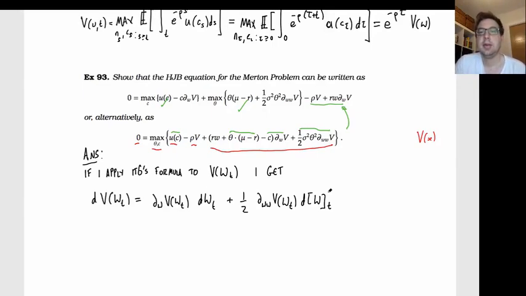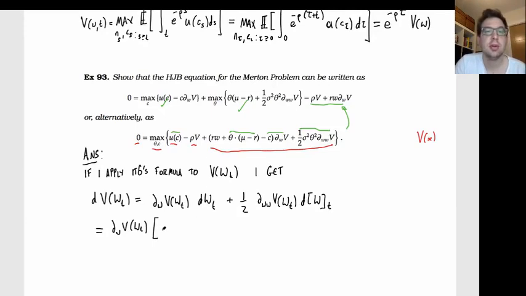Right, so I need to work out what each of these individual terms are. For the first of these I can use my answer from above. I've already written out what dW is, so let's write that out again.